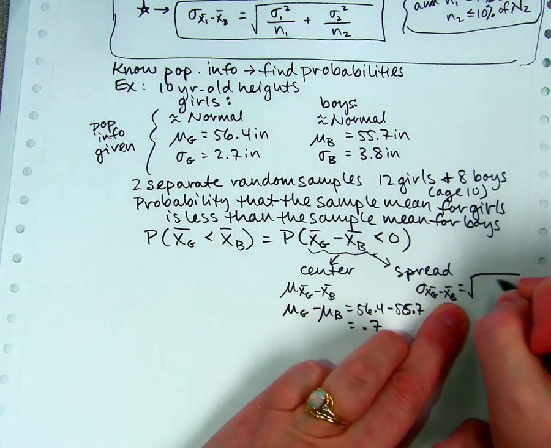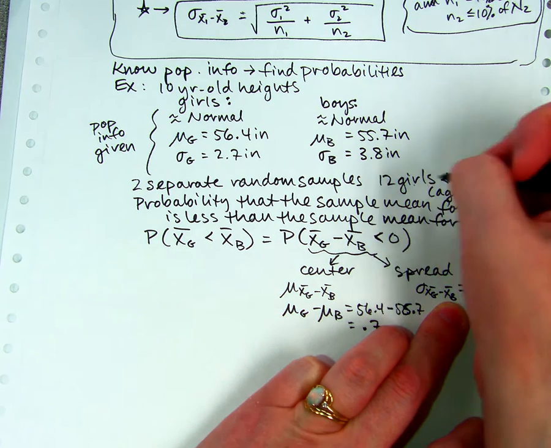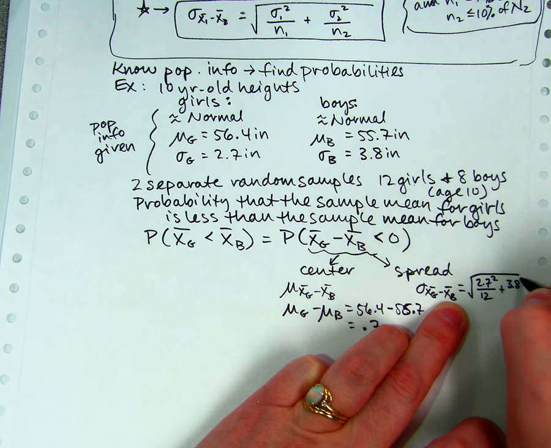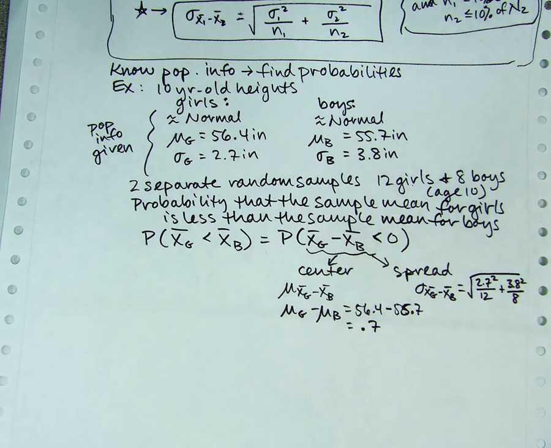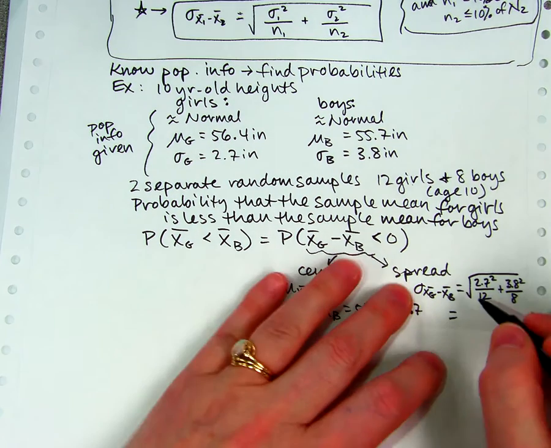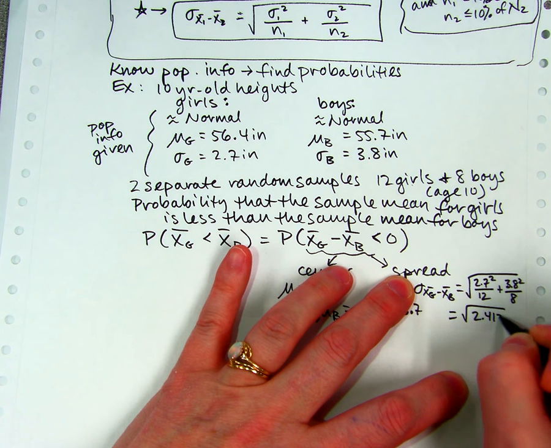So 2.7 squared over the sample size for girls is 12, and then I'm going to do the same thing with the 3.8 squared over the sample size for boys is 8. That's what it looks like with the numbers plugged into the formula. If you type that in your calculator, you should get square root of 2.4125, which is 1.55.